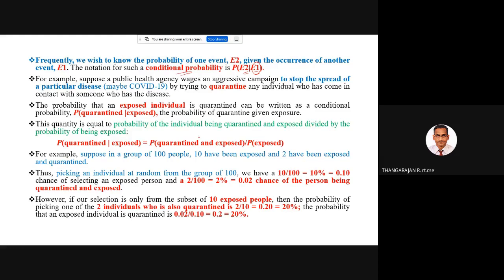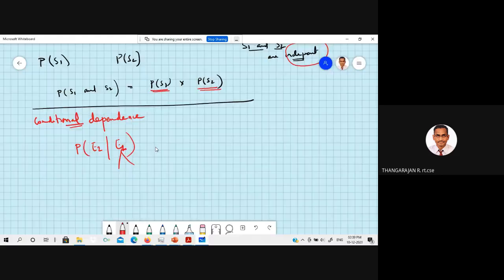Now here, you see that probability of E2 given E1 is equal to the probability of E2 and E1 divided by the probability of E1. So the one which is given comes as the denominator.